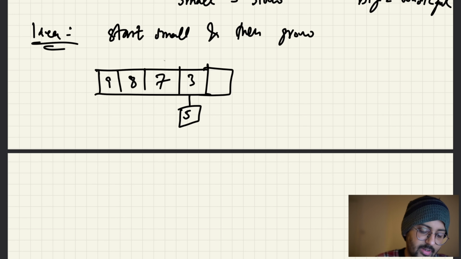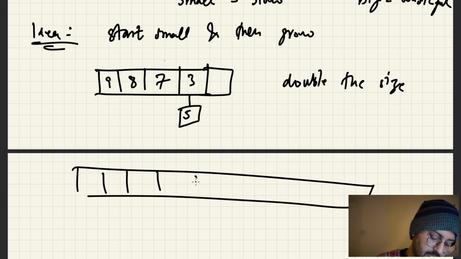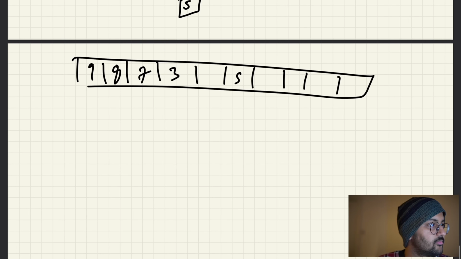After the table is full, what you do is you double the size. So you will now create 10 elements. You will add in the items 9, 8, 7, 3, 5, and then you will add in new items. Okay. So you can double it, or you can increase it 1 by 1 also.